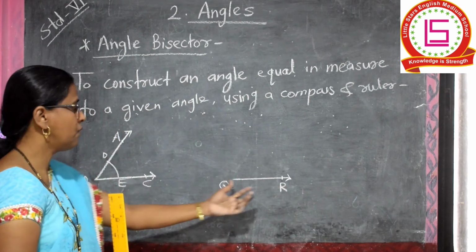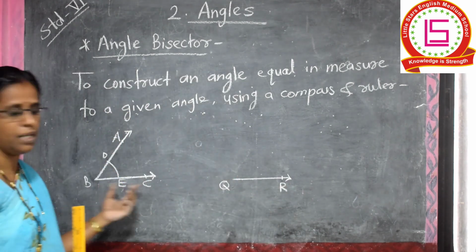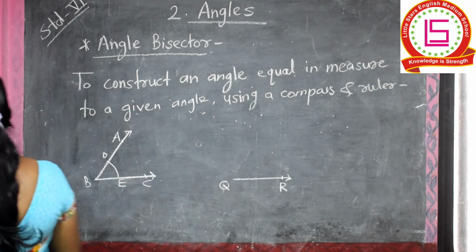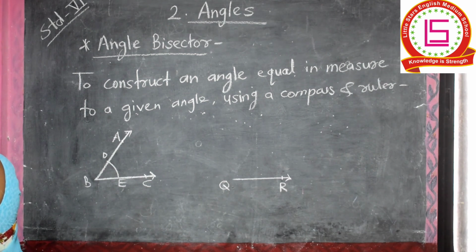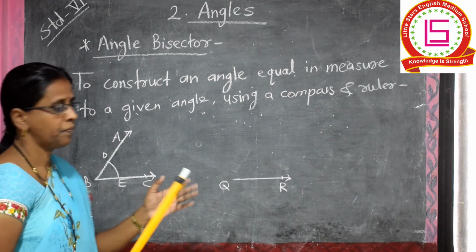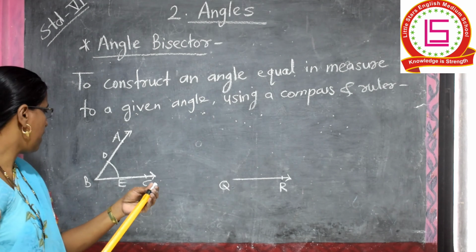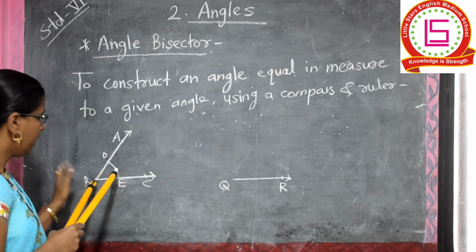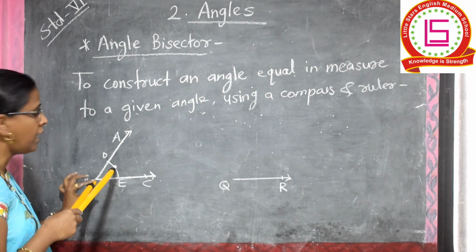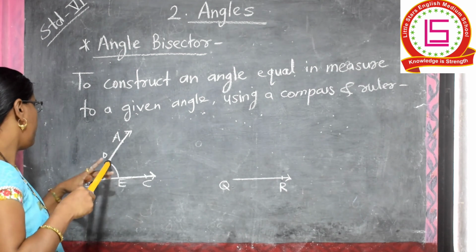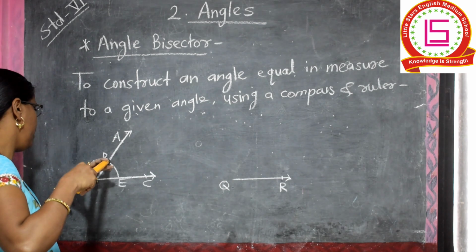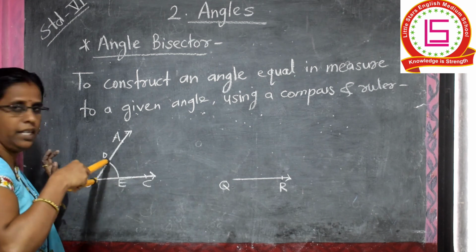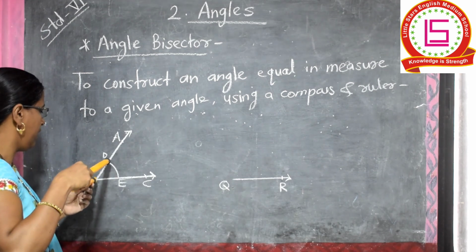Okay, first we draw the first arm, the base arm, QR. Then see, take your compass and place it at point B, and take the measurement like DE. We draw the arc DE.